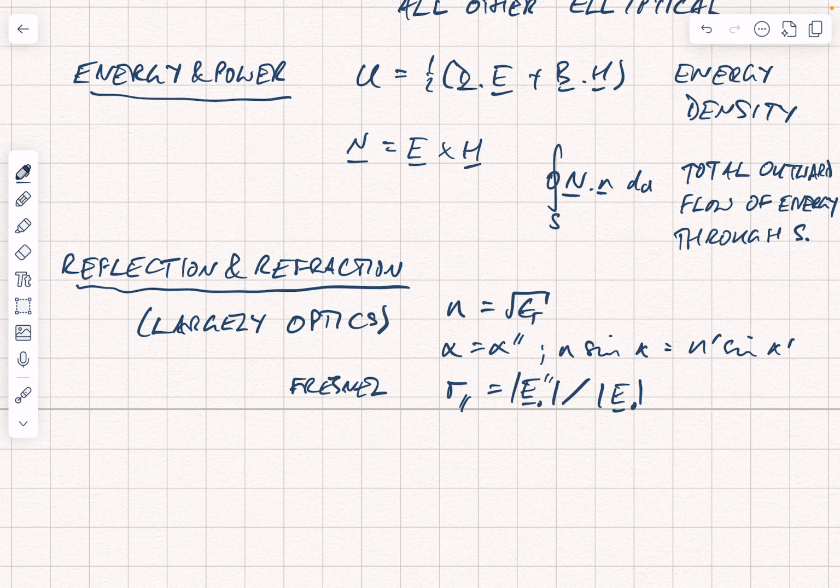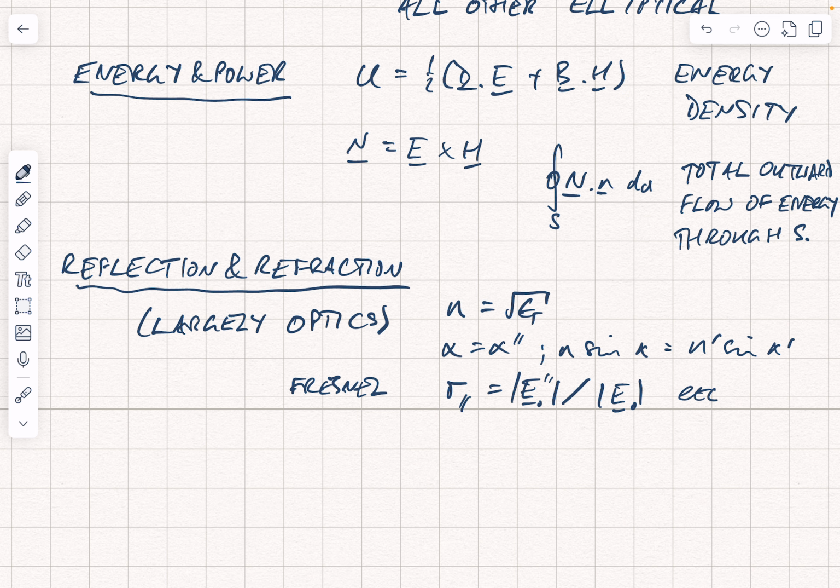And we can also calculate the transmission coefficients. Reflectance and transmittance are normally the square of r or t, and t is just the ratio of the amplitudes. Fresnel's relations come from the boundary conditions, and they are generally given or easily looked up.